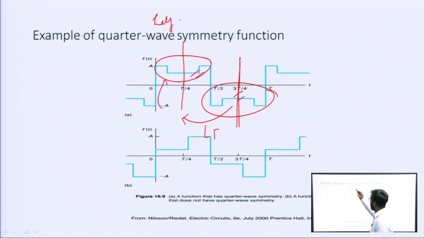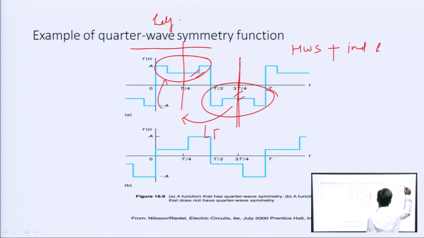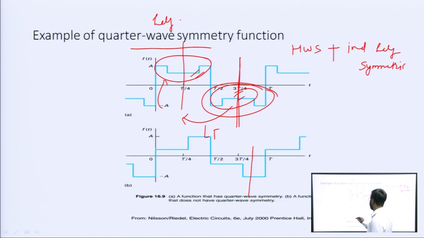So, quarter wave symmetric is half wave symmetric plus individual half symmetric. You can see this signal is also symmetric around this. If you fold it like this, it will also be symmetric. So, this is basically an example of quarter wave symmetry. Okay.